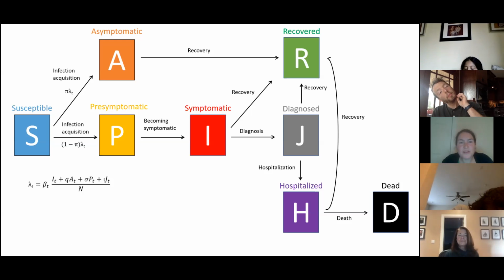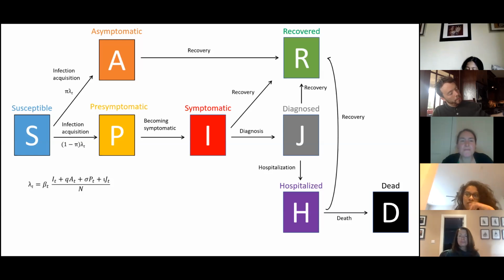In the original SARS virus, SARS-1, people weren't really infectious until they started to show symptoms. And so it was simpler to model that infection than this current challenge that we're facing.